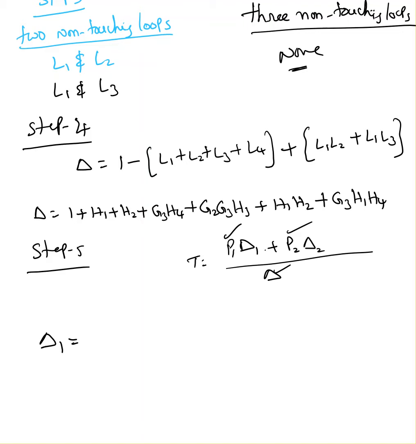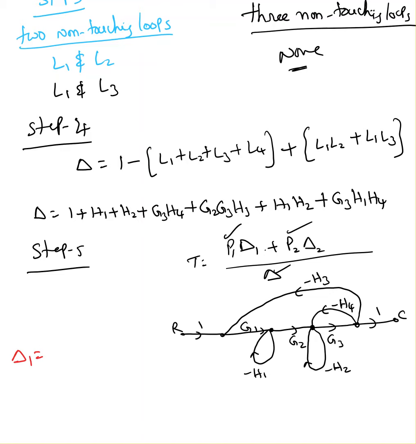To find delta 1, take the whole delta and see whether there are any elements or nodes which are touching path 1. Delta 1 is, keep the delta there, except for elements touching path 1. So I'm going to put 1. H1, is it in path 1? This red line is path 1.